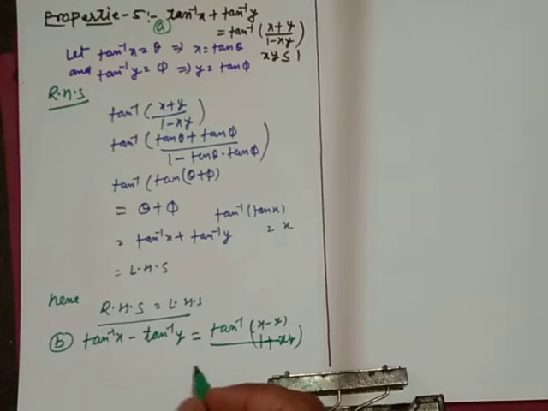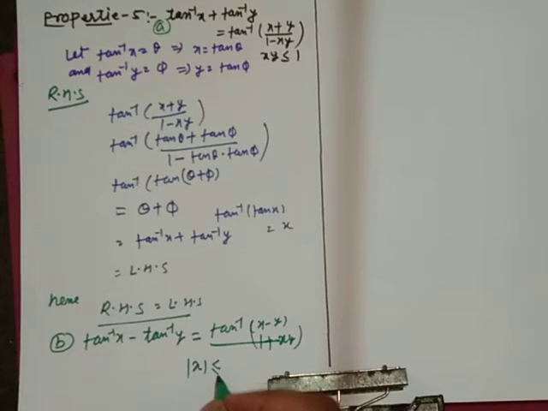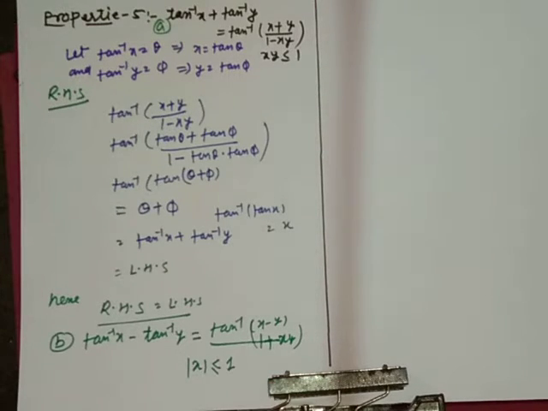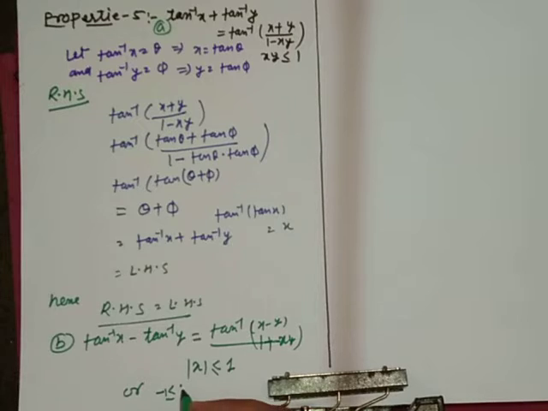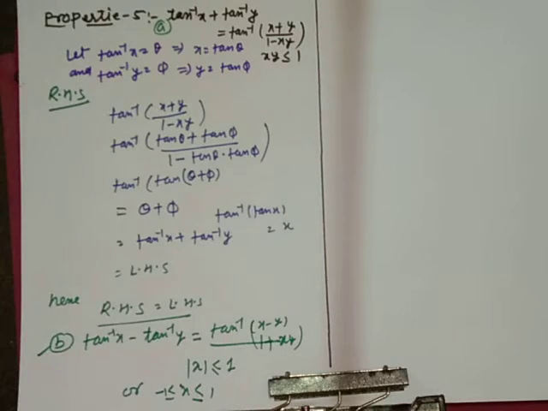Clear? In this case, modulus of x must be less than or equal to 1, that is, x lies between minus 1 and 1. Clear? Now we will discuss the next property.